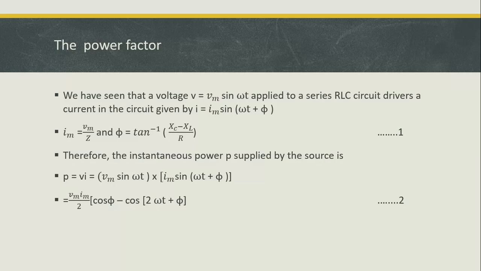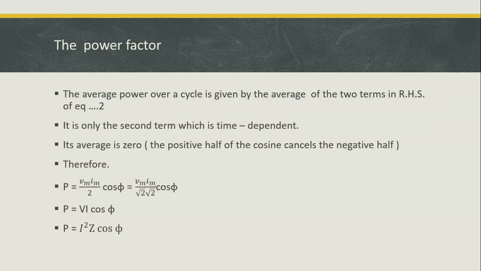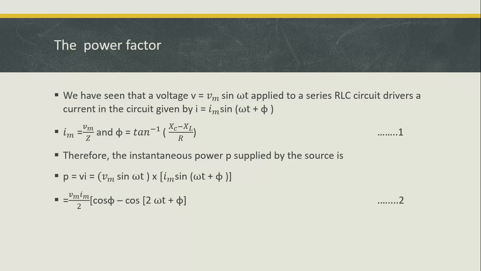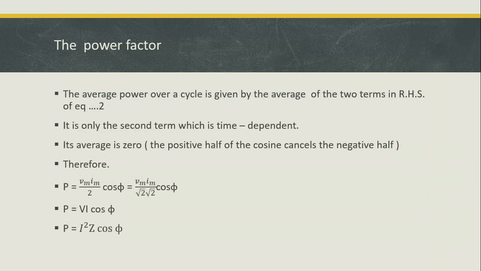The average power over a cycle is given by the average of the two terms in the right-hand side of the equation. It is only the second term which is time dependent.